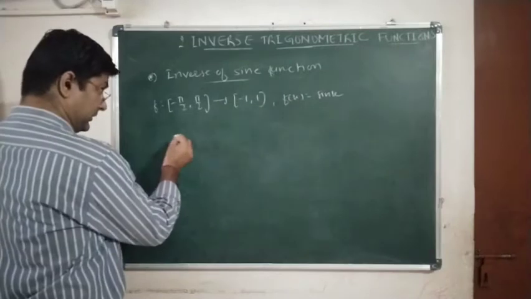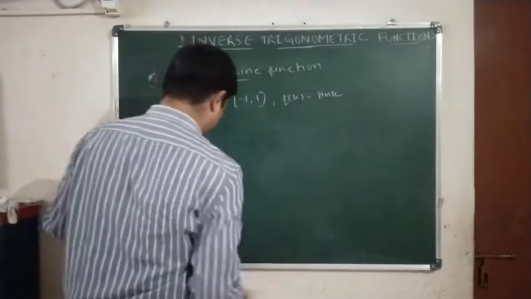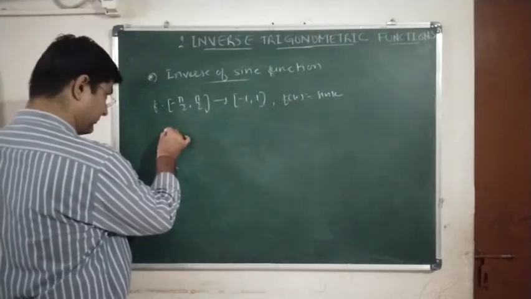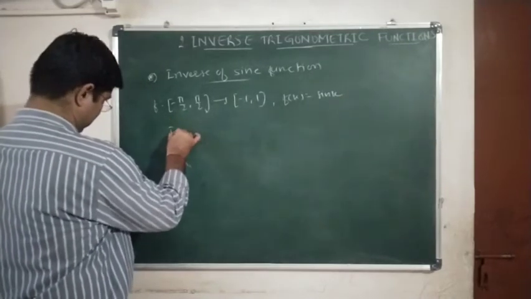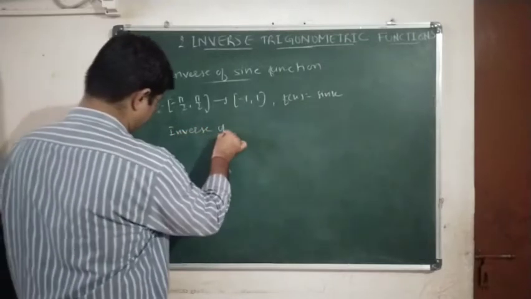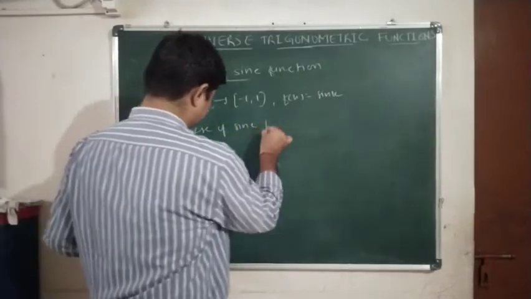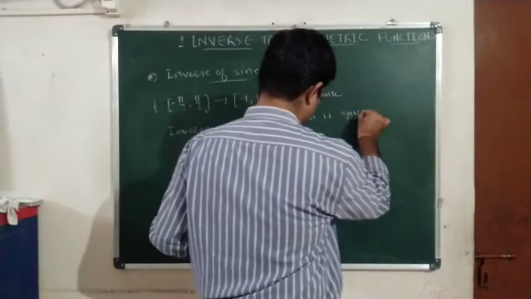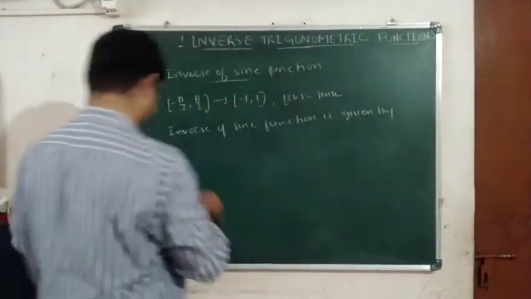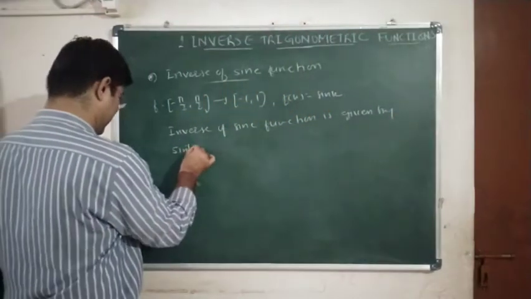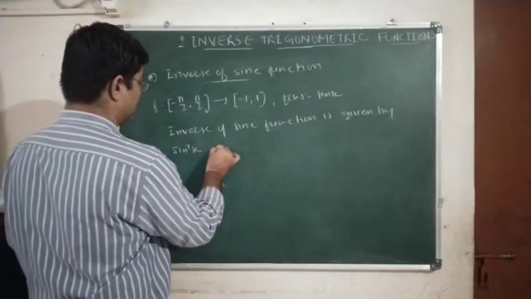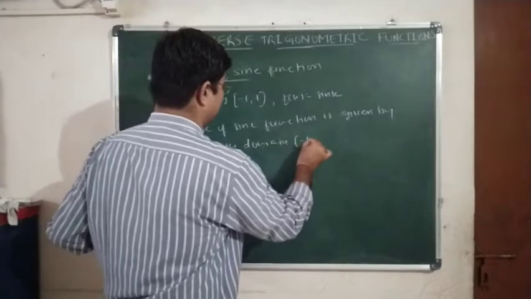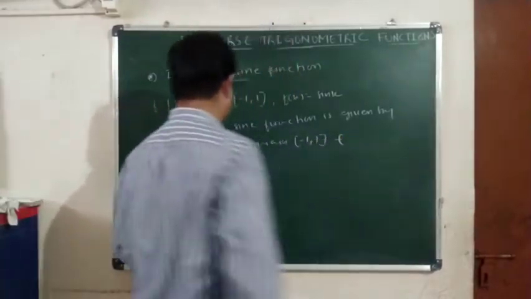So the inverse of the sine function is given by sine inverse x, yes or no, with domain minus 1 to 1, yes or no.